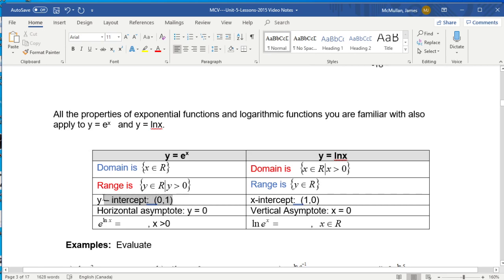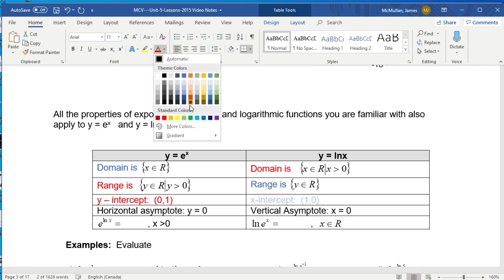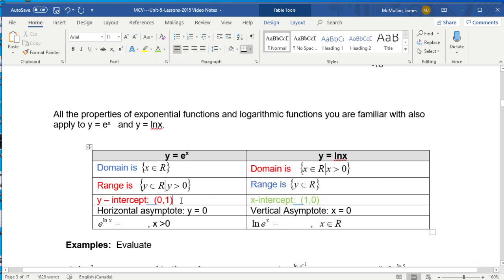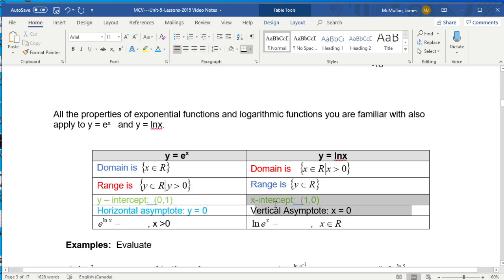The y-intercept of the original swaps to become the x-intercept of the new function. So the intercepts of course track, because every point on the original, if you swap the x and the y, will be a point on the inverse. A horizontal asymptote on the original becomes a vertical asymptote on the new one.